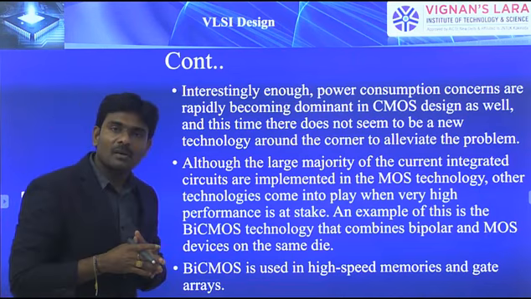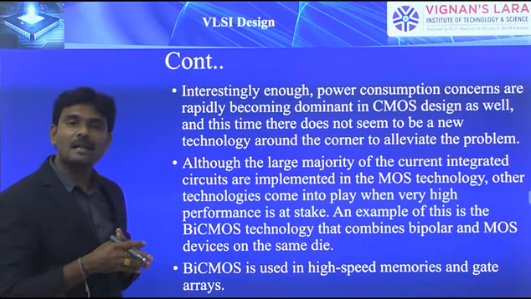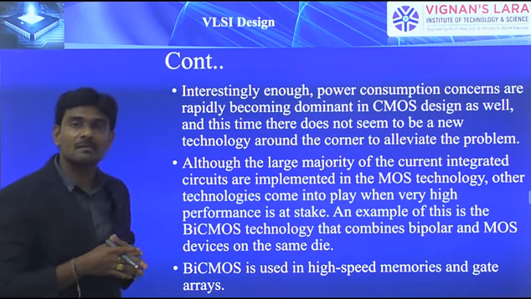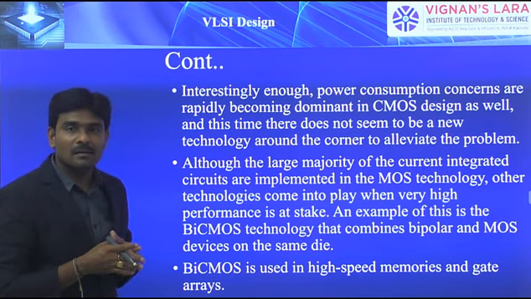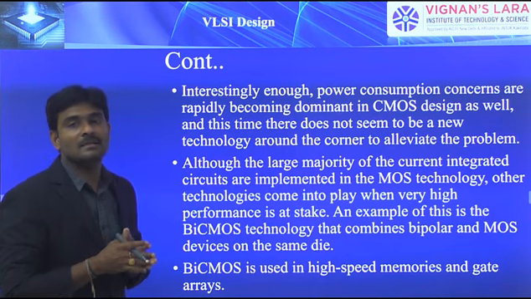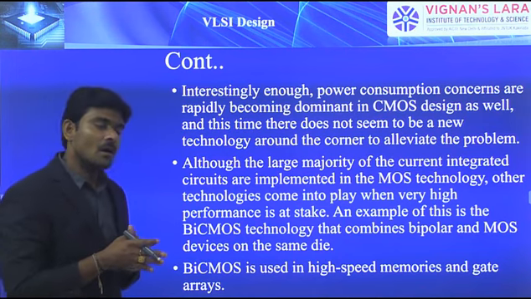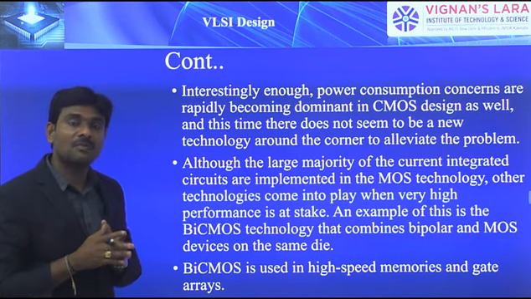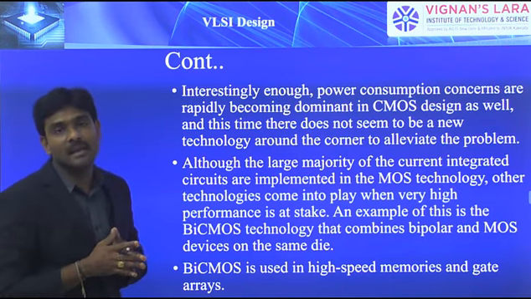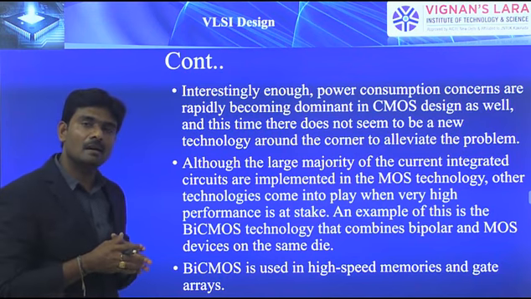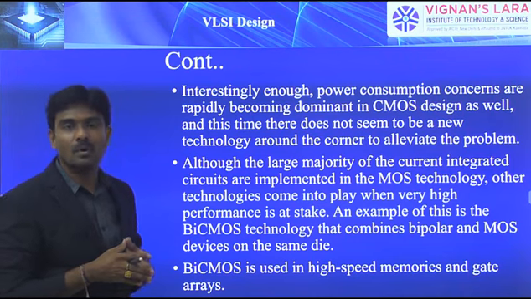Even though we get both the advantages of bipolars as well as CMOS, BiCMOS is not that popular. Why? Because it is very difficult to integrate two different technologies on a single IC. That is the main problem, and also BiCMOS realization seems to be very complex, and the cost is also very high. Because of all these drawbacks, BiCMOS is not that popular.